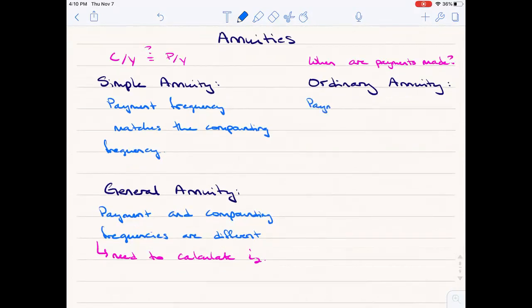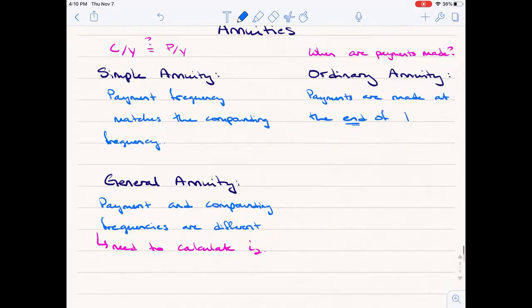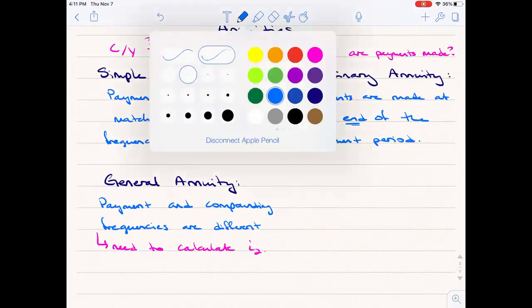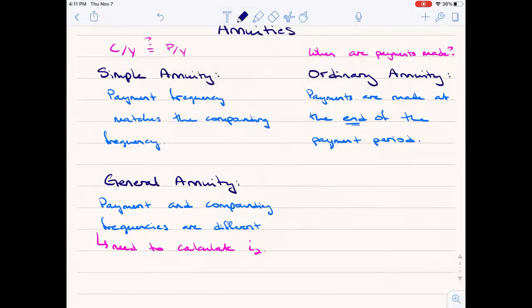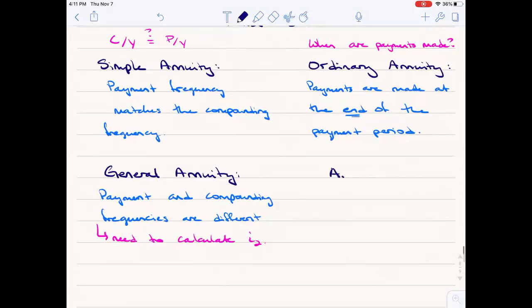So payments are made at the end of the payment period. Or you can have an annuity due.